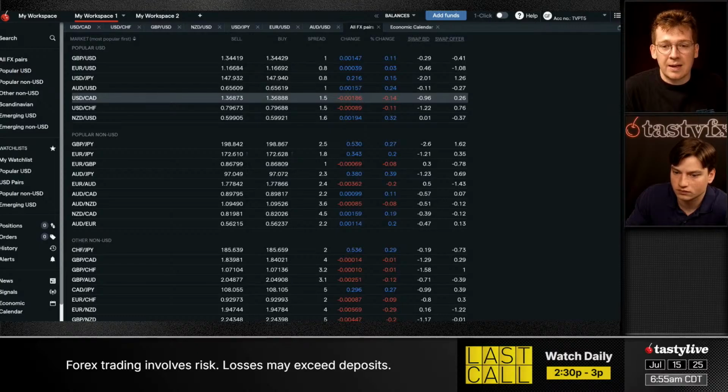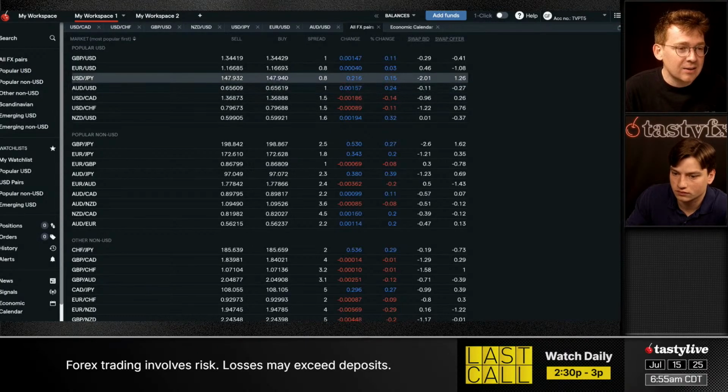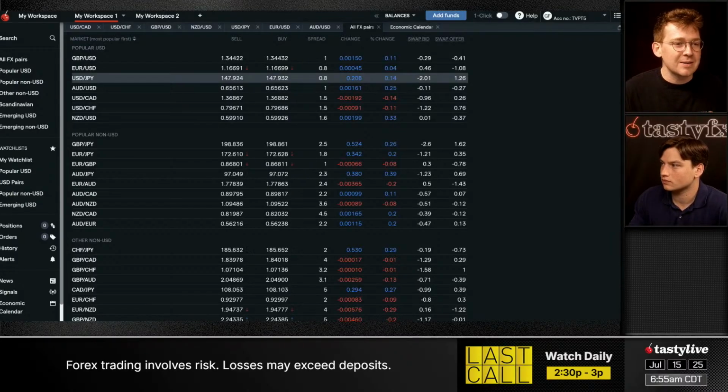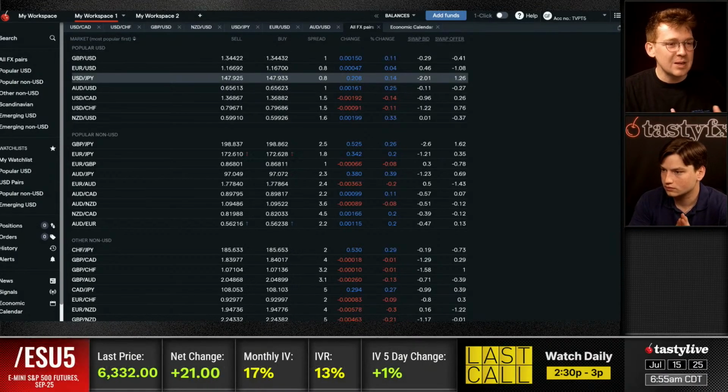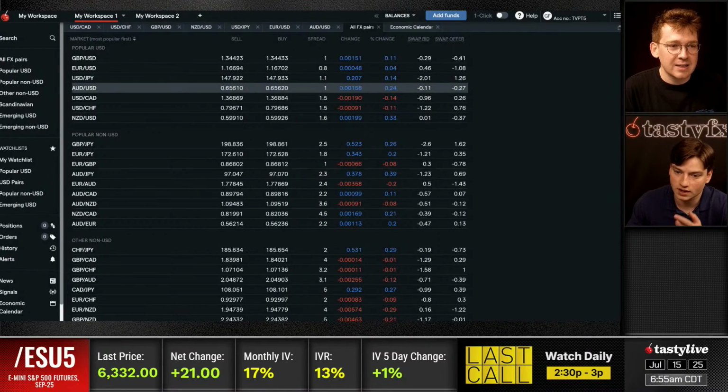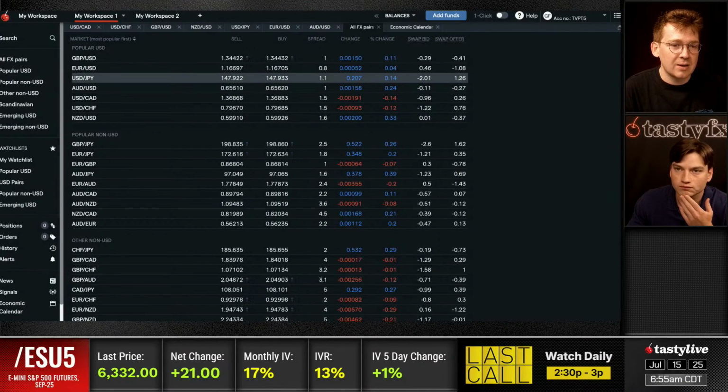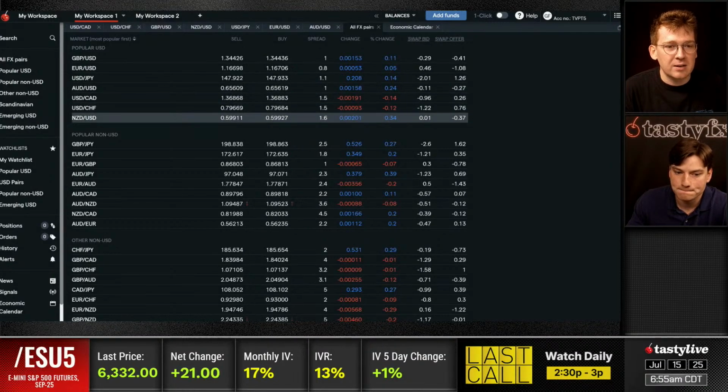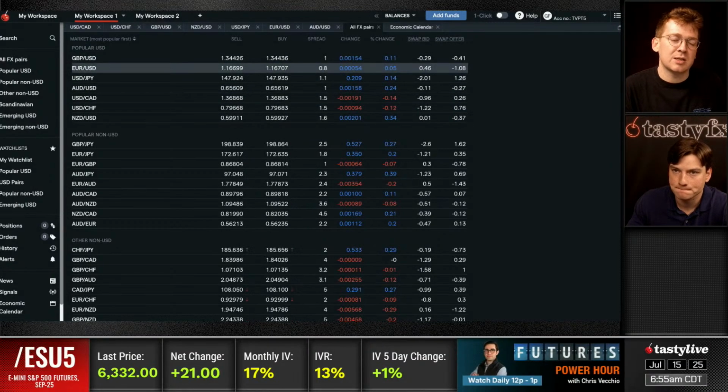And it feels like the dollar is starting to be able to at least fight back in little places, back up to 148 against the yen. Aussie is back well under 66 cents. Kiwi's under 60.